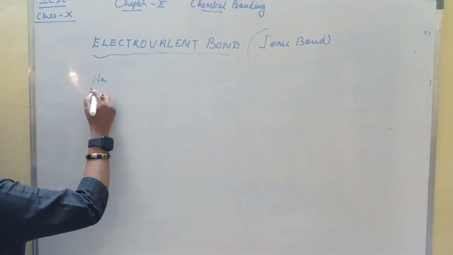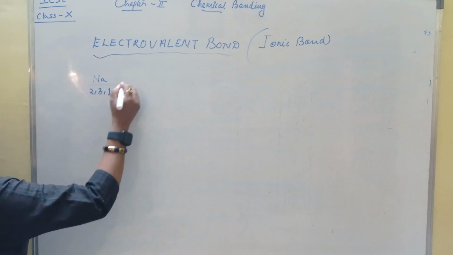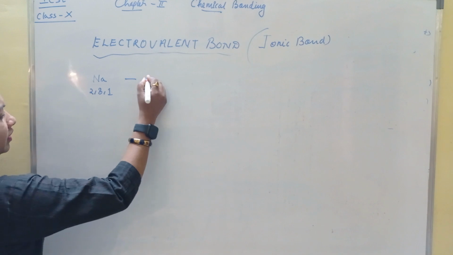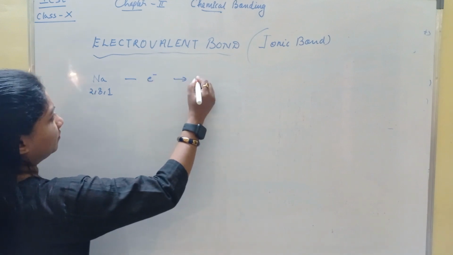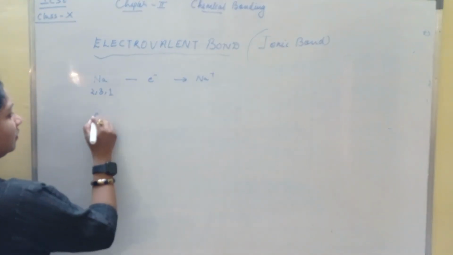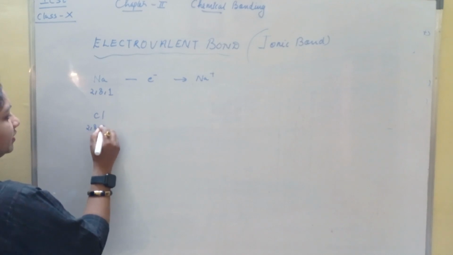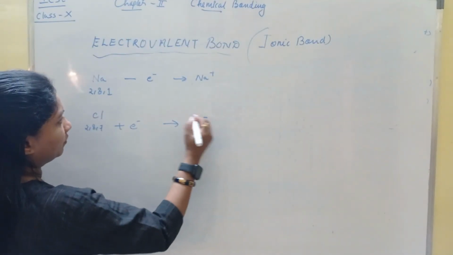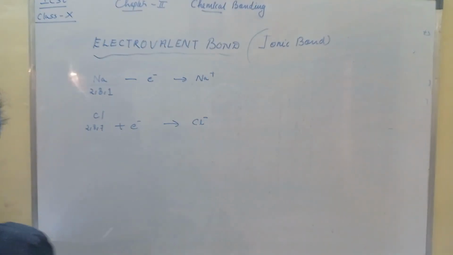सोडियम एटॉमिक नंबर 11, कॉन्फ़िगरेशन 2 8 1, lose 1 electron, form sodium cation. Chlorine 2 8 7, gain this electron and form an ion. ठीक है.